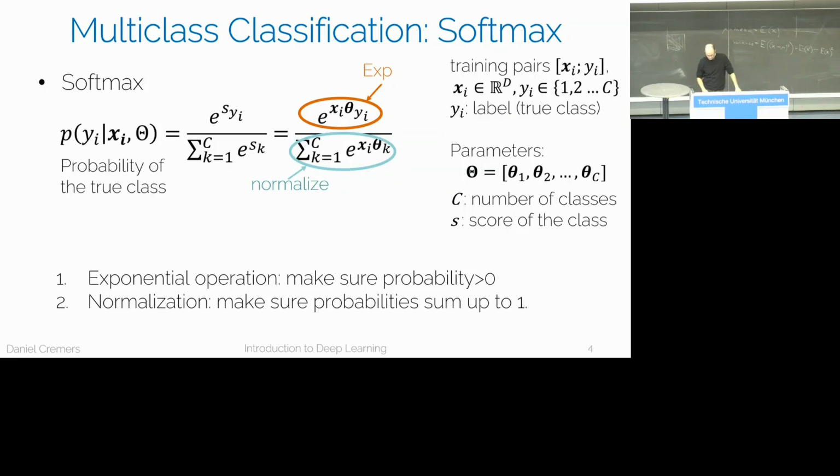And then you divide by the sum of these to get something that can be interpreted as a probability, because probabilities need to fulfill the property that the sum over all of them must be 1.